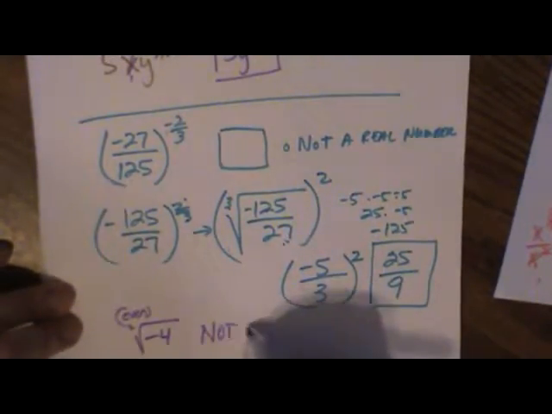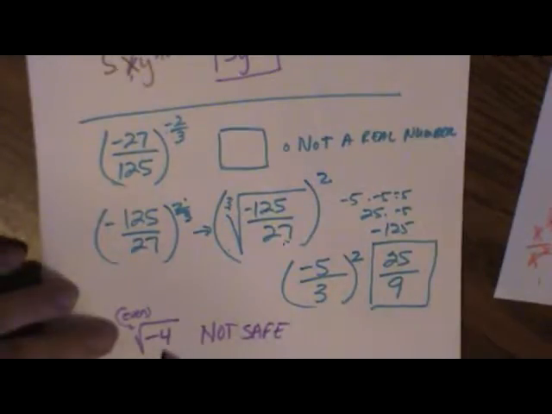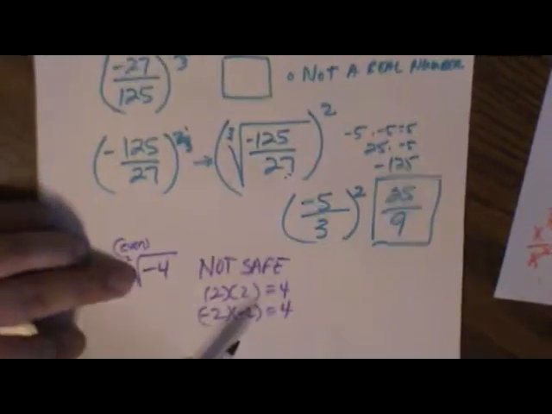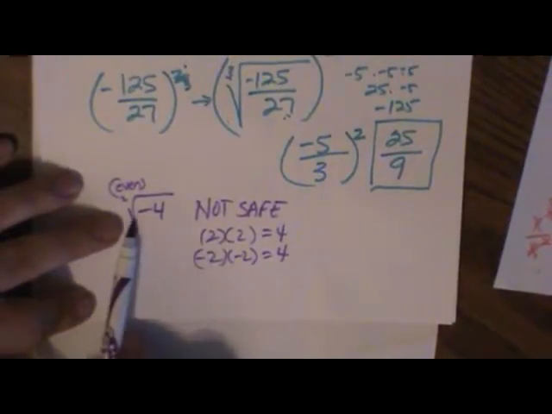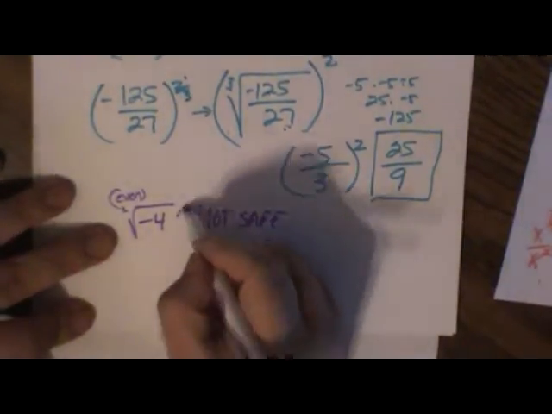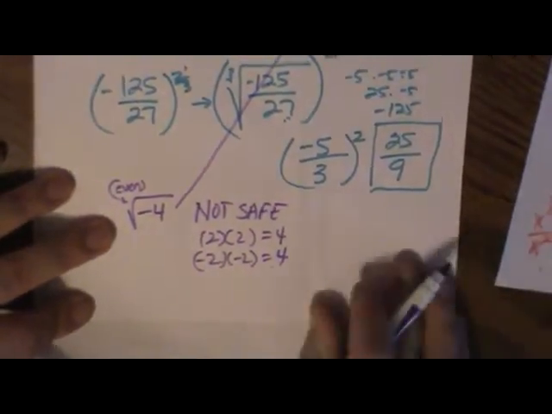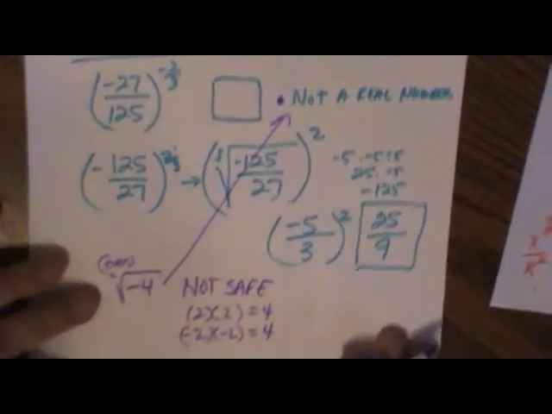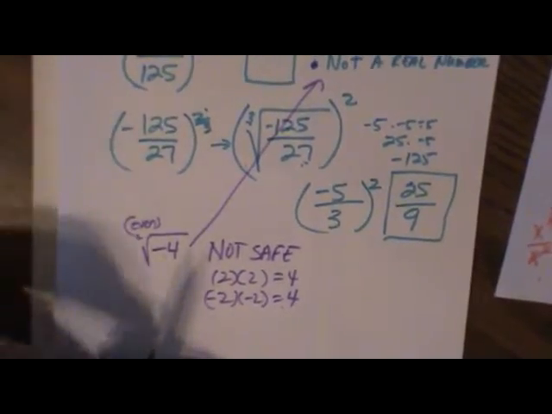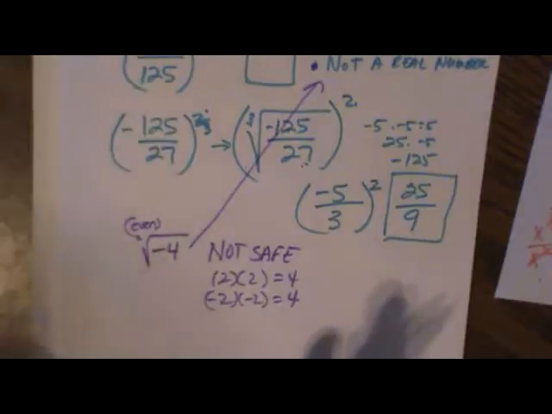These are not safe, because no matter how you try, 2 times 2 gives you 4, and -2 times -2 gives you +4. Nowhere do we get a -4 for our answer. So this one would be a case where we have no real answer. Even roots, remember, are the ones that are not safe. If you have a negative inside, there will be no real answer for it.